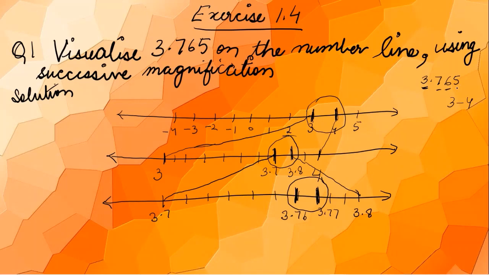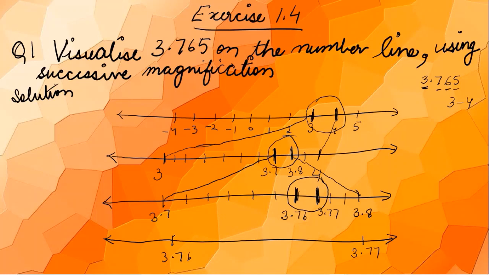Now we want 3.765. So now draw one more number line. Now you are having 3.76 over here and 3.77 over here.